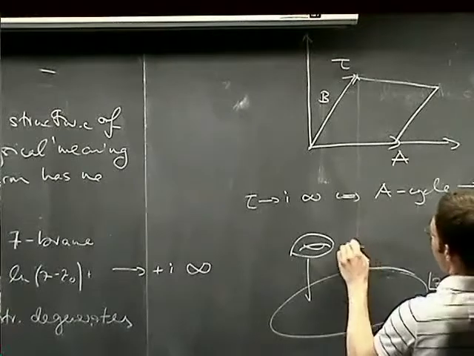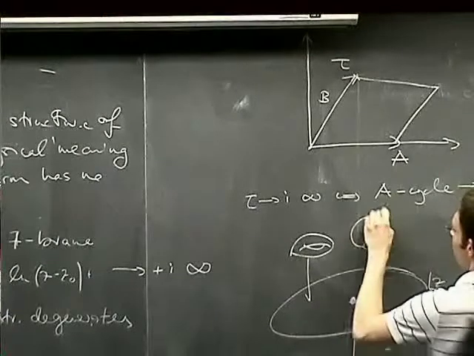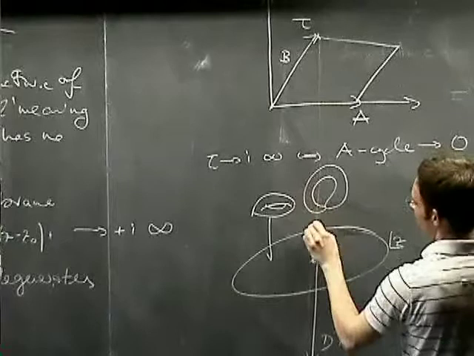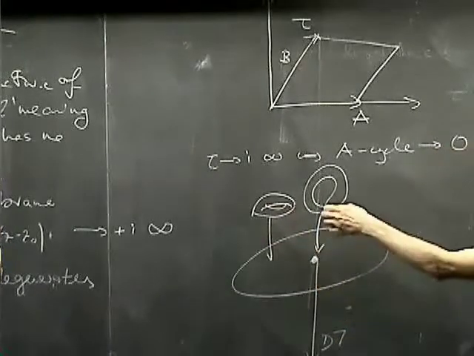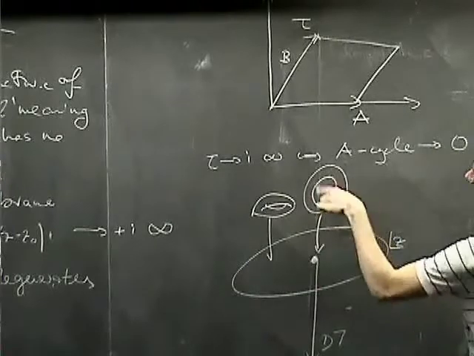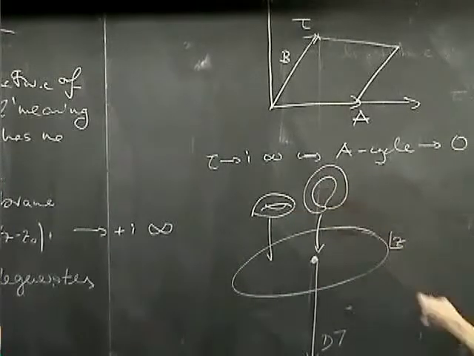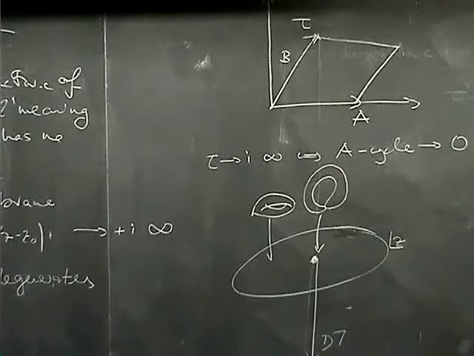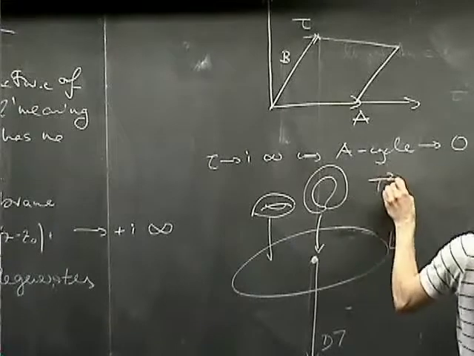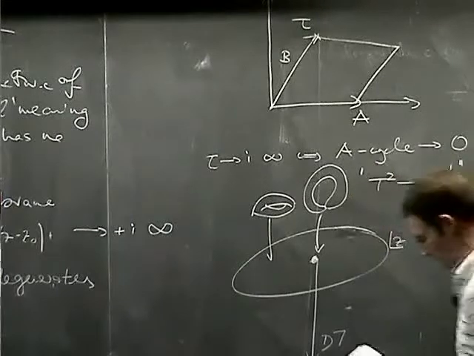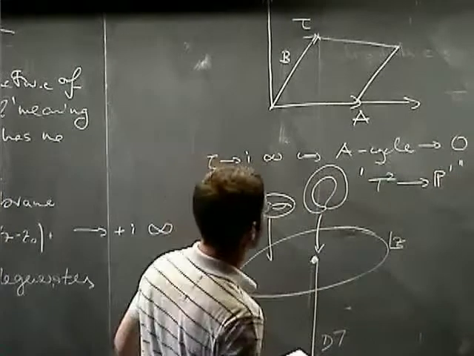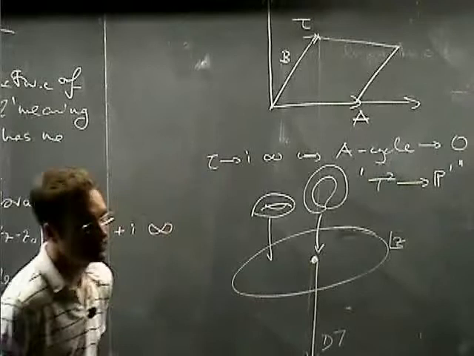So the torus, so to speak, pinches off. One of the cycles, say this cycle here, has shrunk to 0. We just have one single cycle, and this is a degenerate torus of the topology of, say, a P1. So here, the T2 has become a P1. So a cycle pinches off.